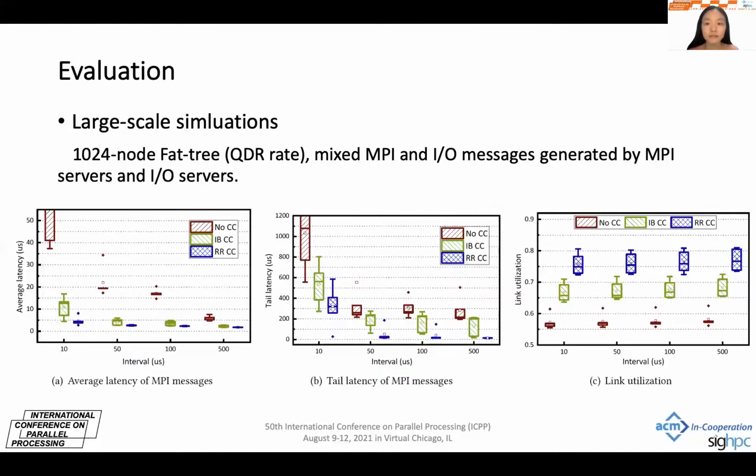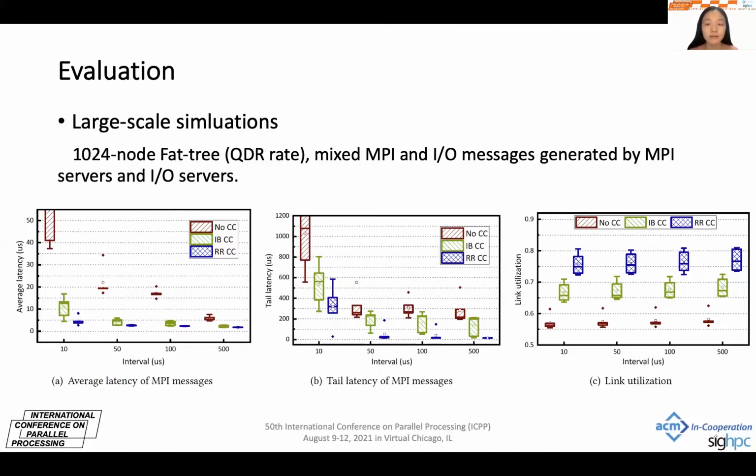We also conduct large-scale simulations to evaluate IRCC under workload with mixed MPI and IO messages. Under various settings, IRCC has better average and tail latency than IBCC. This is because IRCC can regulate the sending rate in one control loop as soon as congestion is detected.